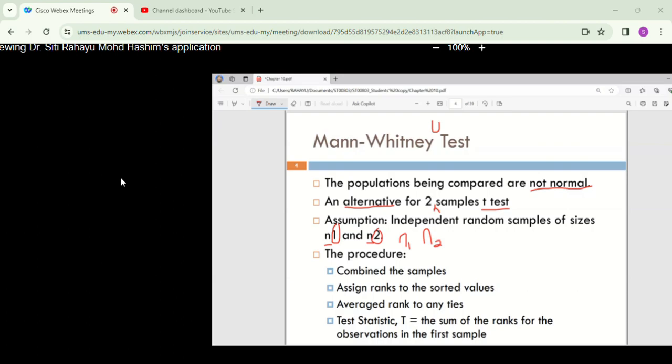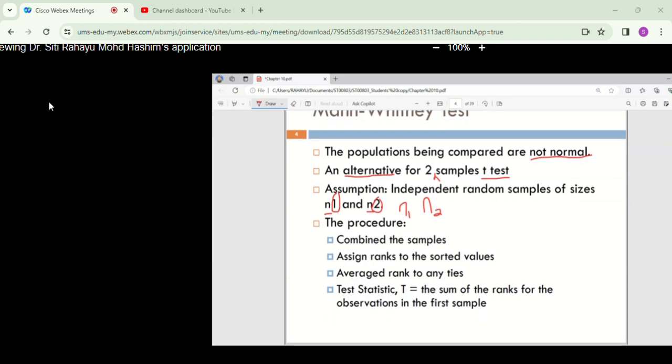So the procedure to run the Mann-Whitney U test is that you have two sets of observations, from group 1 and from group 2. What you need to do is combine these two together, and then assign ranks to the sorted values. So you sort the values, let's say in ascending order.